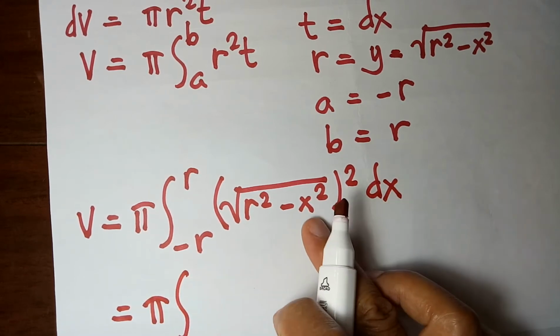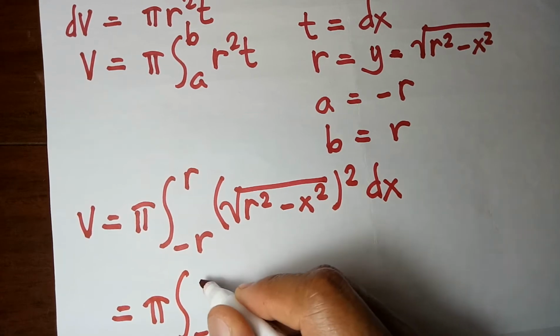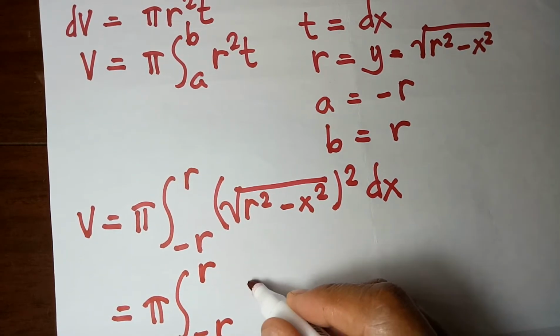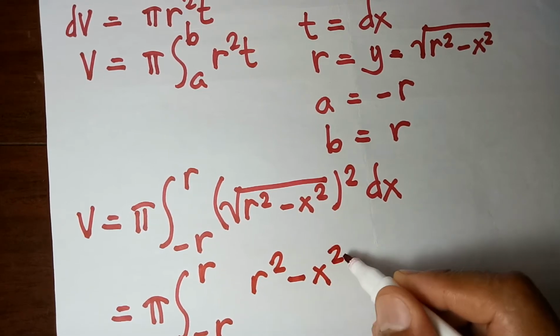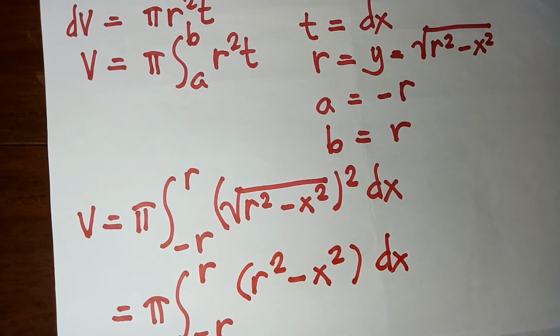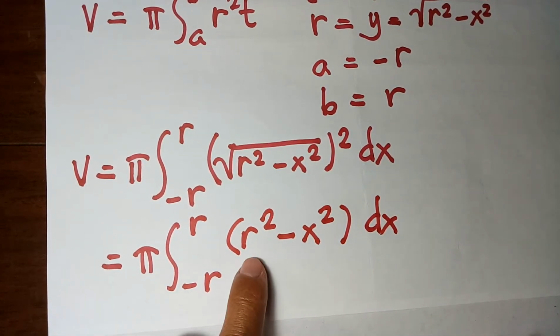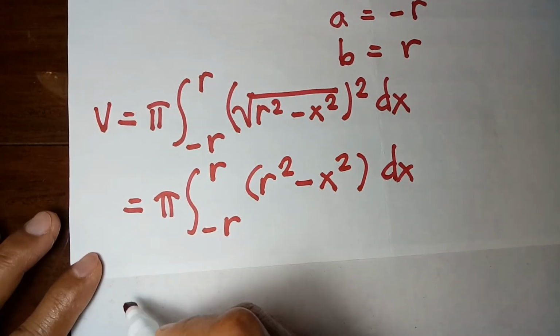So if we are going to square this, ano? So matitira lang sa kanya ay r squared minus x squared, and then times dx. Kaya ngayon, i-integrate natin, ano? So, yung r ay constant. So, the integral of r squared dx equals r squared x.